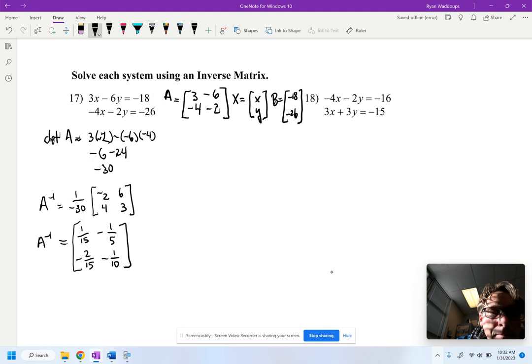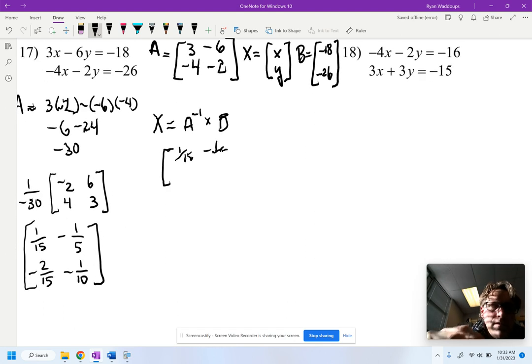Now, X then, capital X, is equal to A inverse times B, times the matrix B. So A inverse, we're just going to write this out here. 1/15, negative 1/5, negative 1/5, negative 2/15, and negative 1/10.